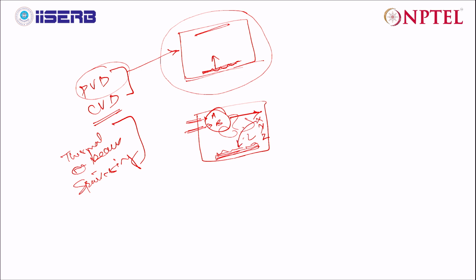So in principle, the chances of contamination in case of CVD is there. In principle, I'm saying, although if you have a good outlet mechanism, things will go out very easily from the chamber. But if you look at the process, that multiple gases are coming in, they are reacting, and out of that reaction you have several kinds of byproduct. So the chances of contamination in that case is a bit higher. So these are the parameters that one can think.